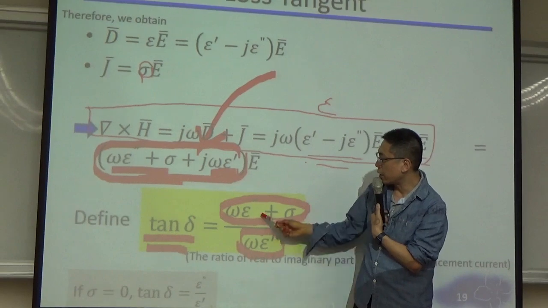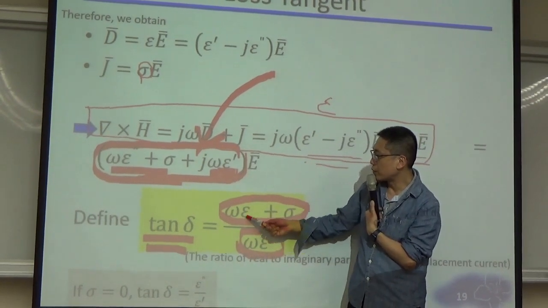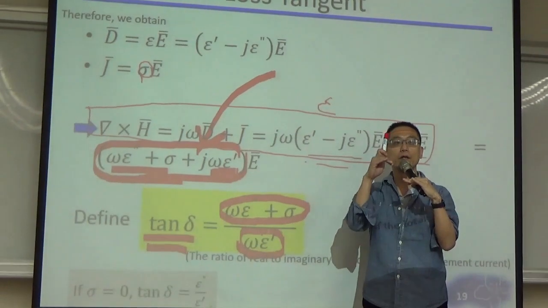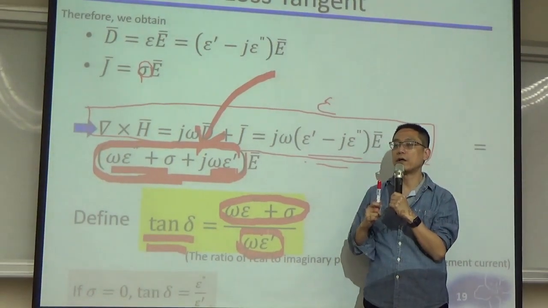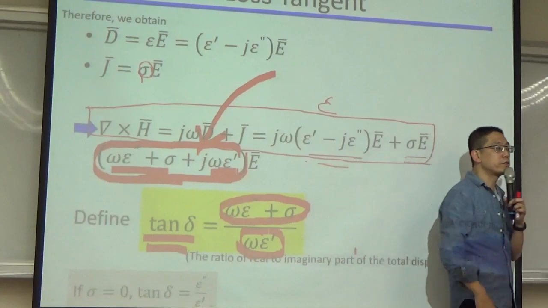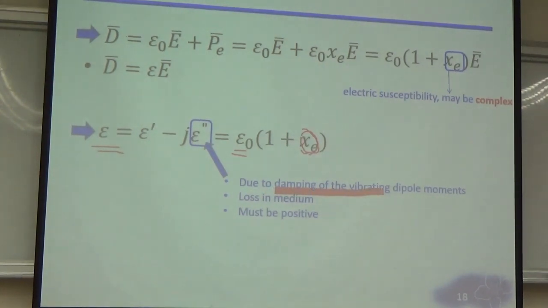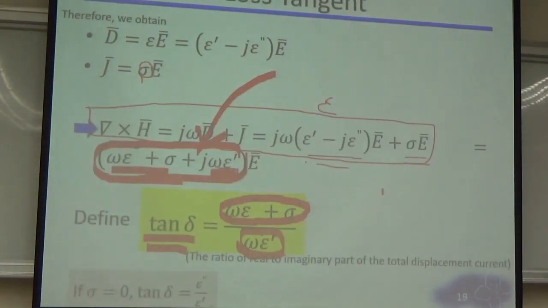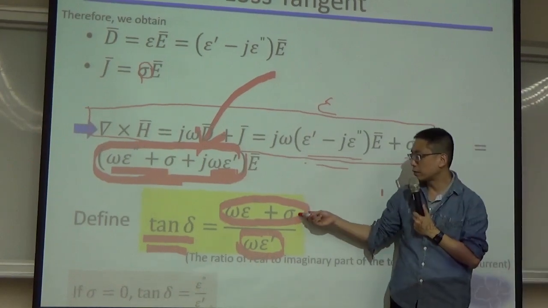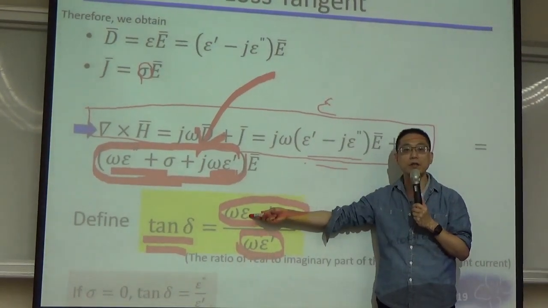The explanation is that epsilon double prime comes from the damping of the atoms. Remember, if there is an E field on your material, there is a damping of vibration. So your loss tangent is a combination of results from conductivity and the damping.